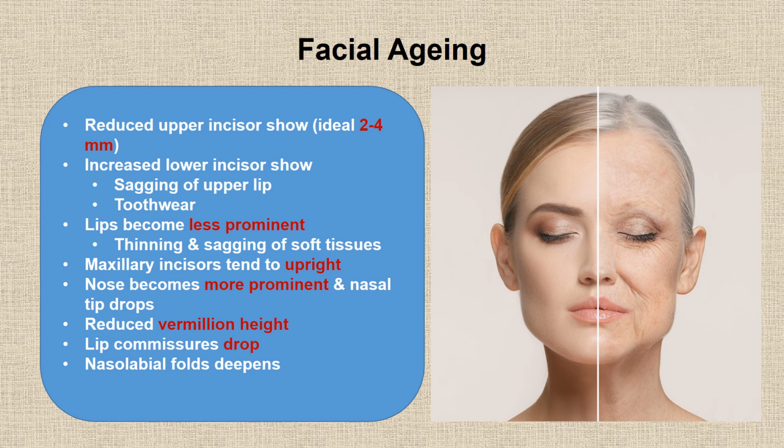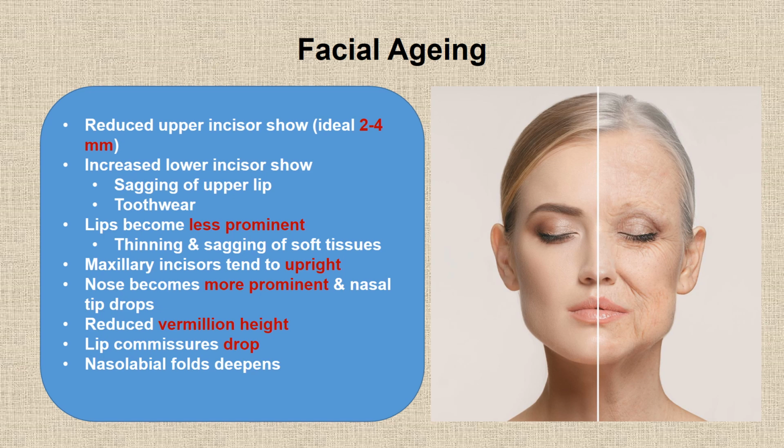There is also a concomitant increased lower incisal show, meaning we show more of the lower teeth and less of the upper teeth. This is due to two reasons. One is the sagging of the upper lip, and two is tooth wear.